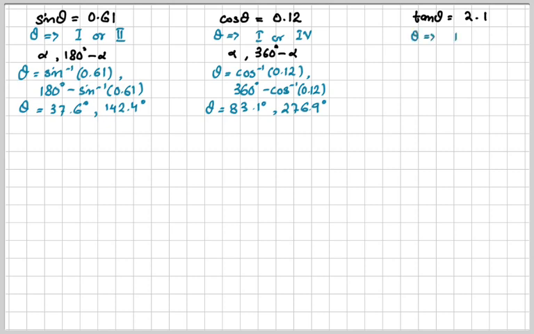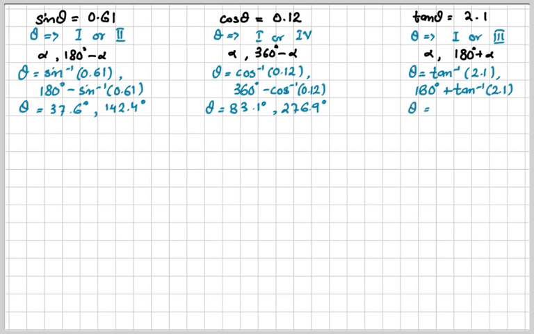that tan is positive in the first quadrant or in the third quadrant. So the angles for the first quadrant and the third quadrant are alpha and 180 plus alpha. So theta should be equal to tangent inverse of 2.1, and the second angle should be 180 plus tangent inverse of 2.1.